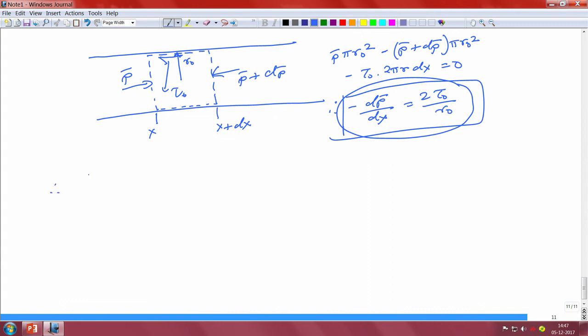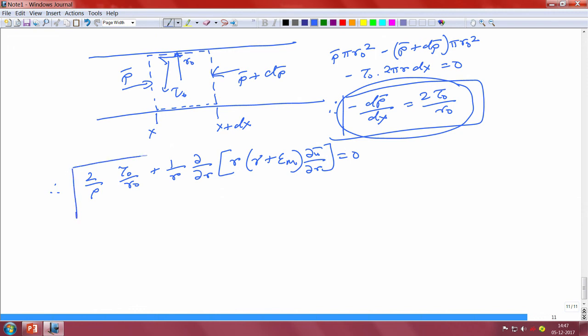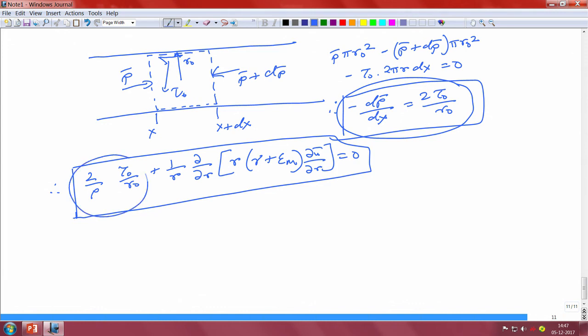So therefore, 2 by rho tau naught by r naught plus 1 by r d by dr. We have just substituted for dP by dx, that is all that we did. So this forms the basis.